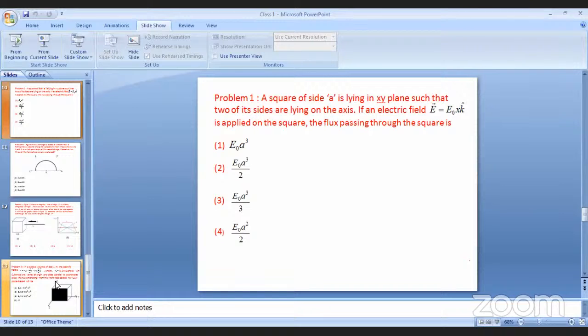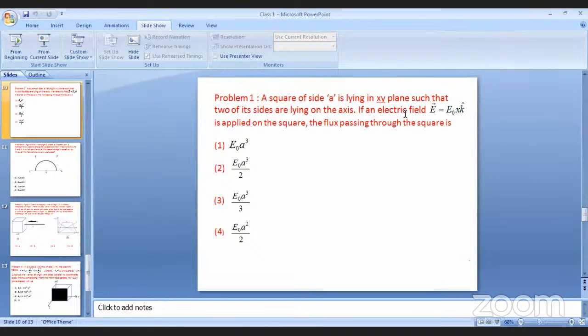Now we are moving on to the numerical problems. Here we are considering a square of side A lying in the XY plane, such that two of its sides are lying on the axes.